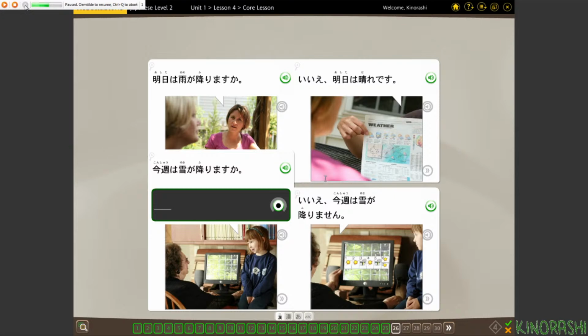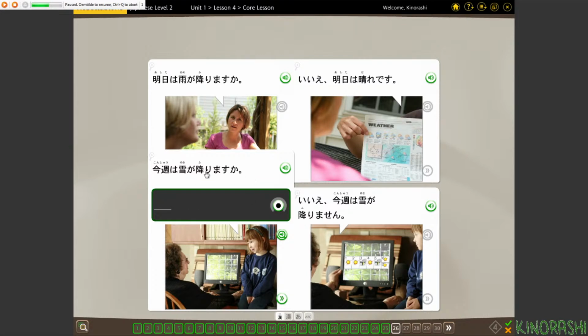Oh, so 1週間 is like saying one week or week, but Konshu is how you say this week. Konshu wa yuki ga furimasu ka?